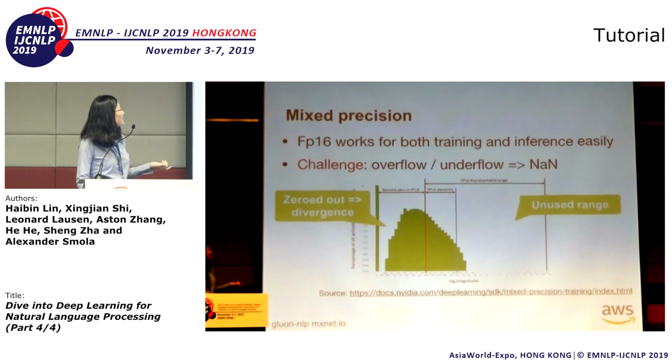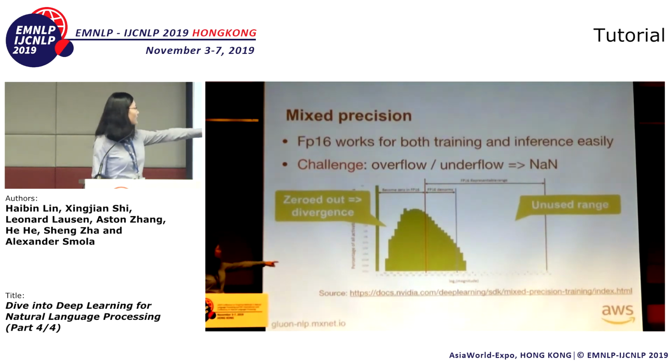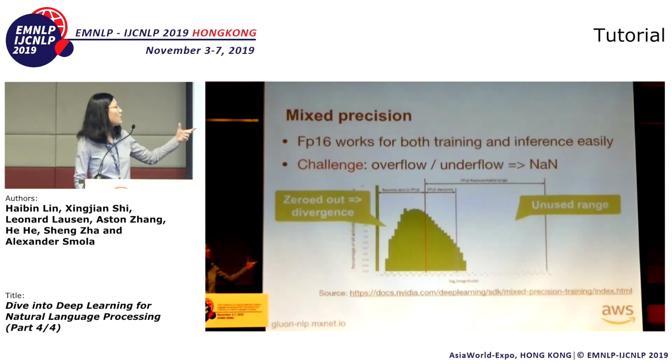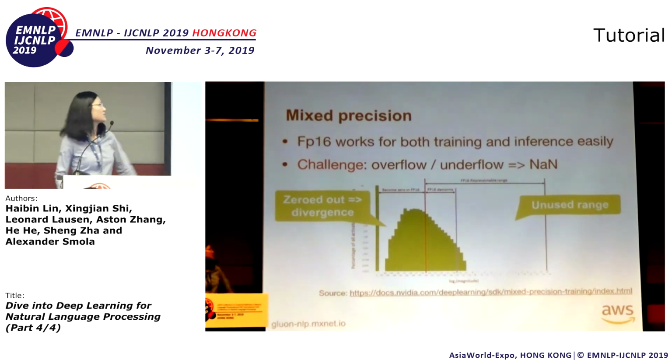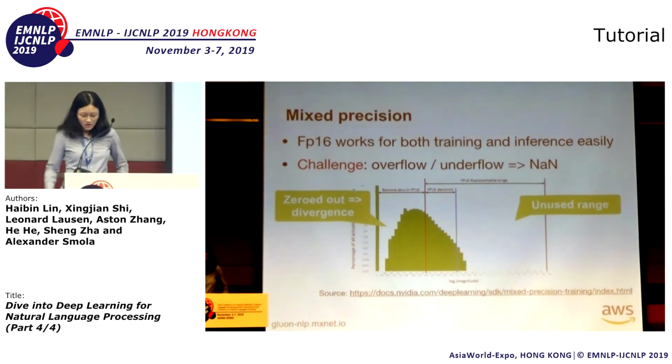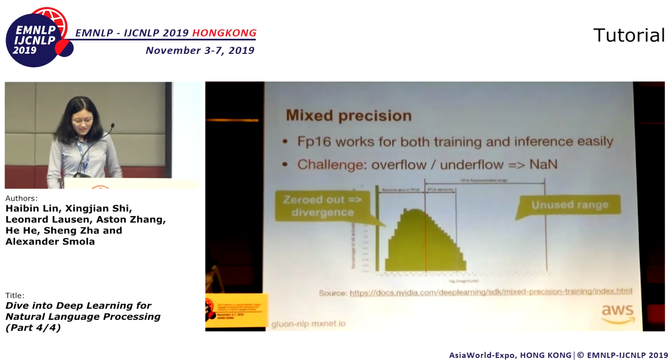then when you convert that to FP16, you would have a lot of zeroed gradients, and that impacts the model accuracy a lot. Also, in this figure, you see that when we convert that to FP16, we have lots of unused bits because all the numbers are concentrated in the middle. So this is naive conversion.